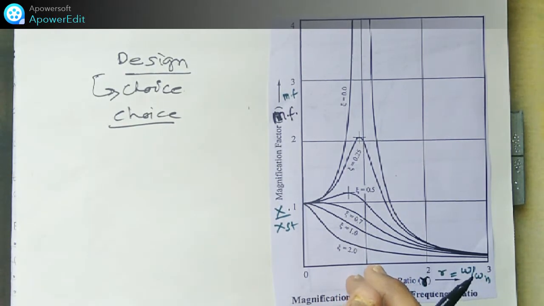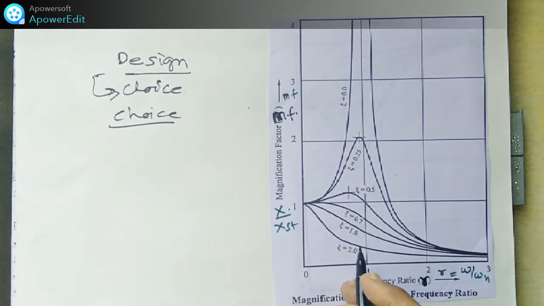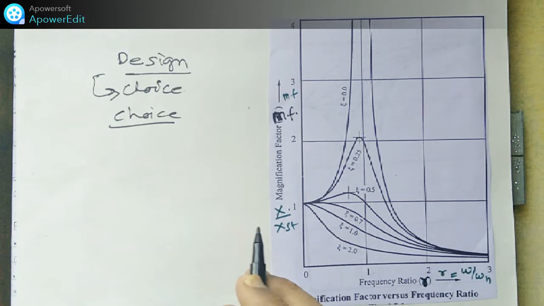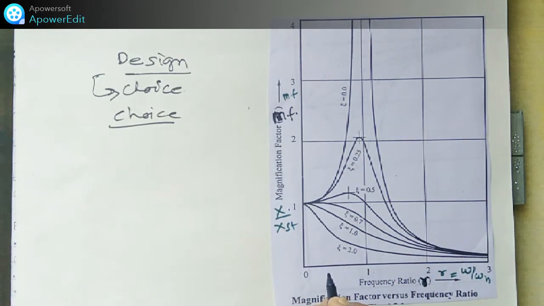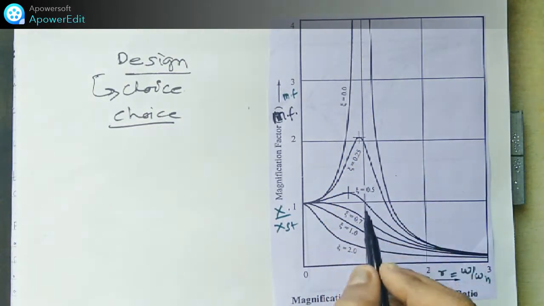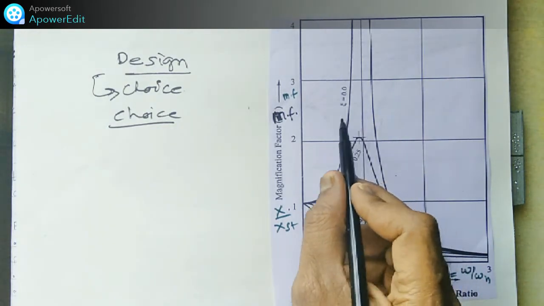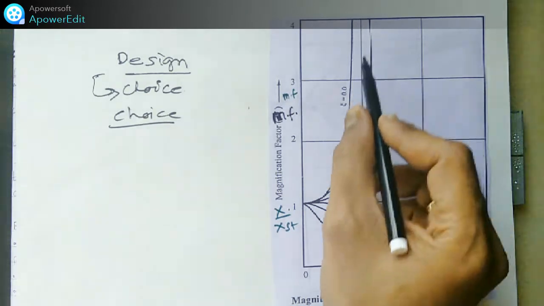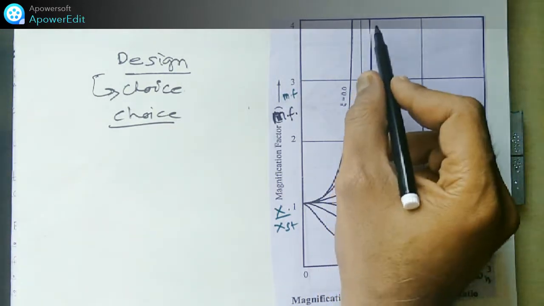When the response is very high, although we increase the damping the response decreases, but in comparison to other regions, for example r less than 1 or greater than 1, the response is quite high. When r is less than 1, suddenly the response is high, and with a small increase in r, the response is high.